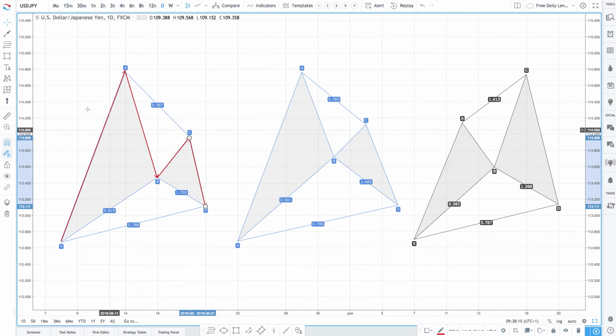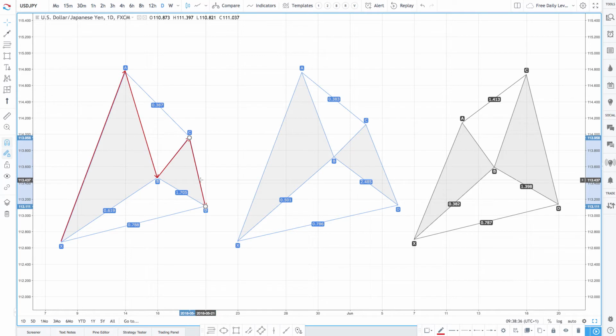Now, all of this waiting for prices to do this and that in the context of Fibonacci, in the context of supply and demand, what I figured out is that the most important part is the X to A leg.